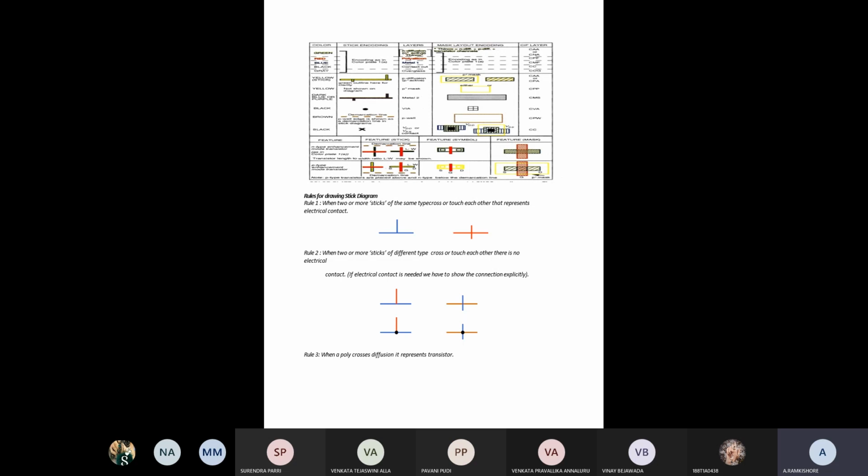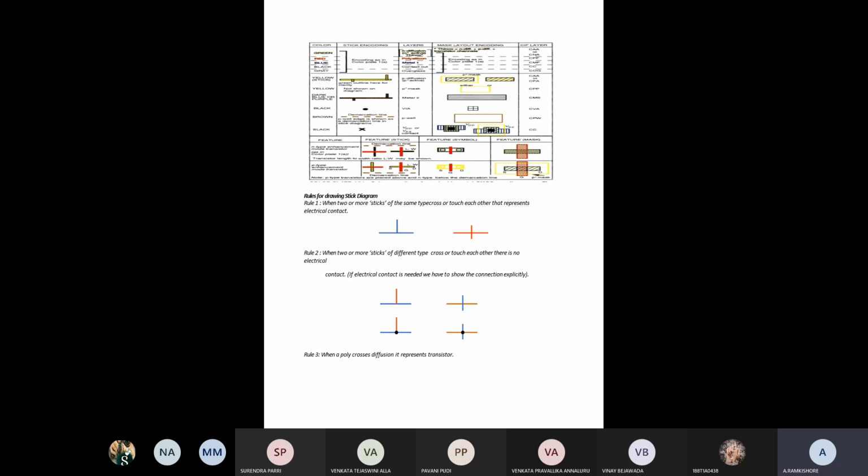For the p-type transistor, we have a P diffusion. In the case of N diffusion, we have to use green color, but for P diffusion we have to use the yellow color, yellow line.